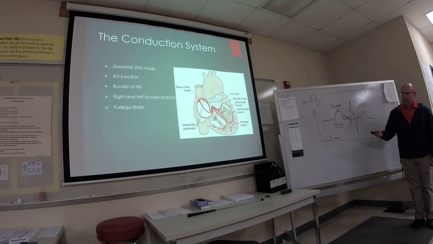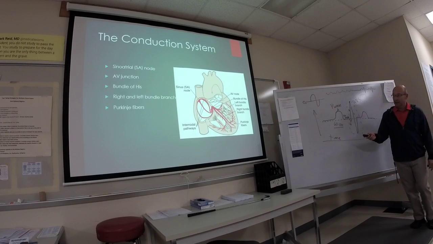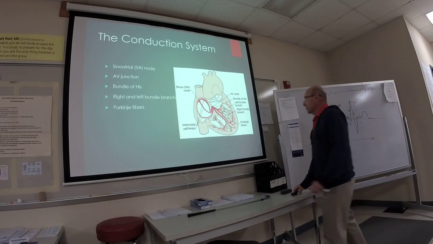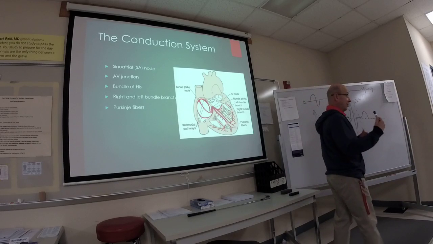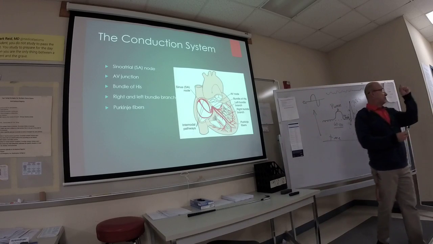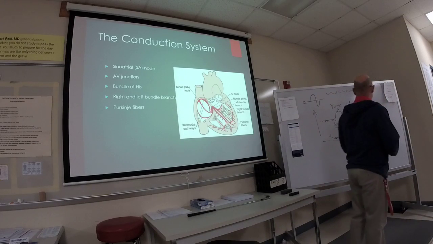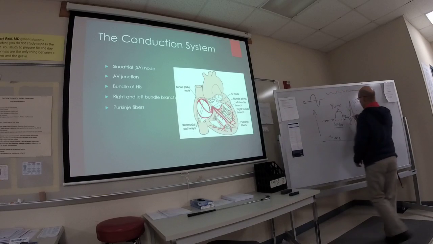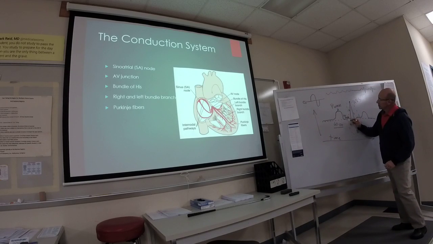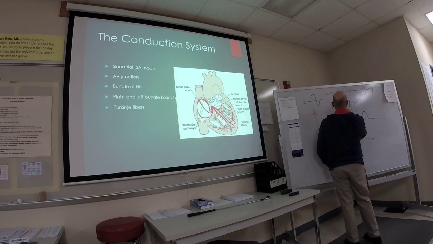So the SA node depolarizes. It goes down another internodal pathway, just an electrical pathway, to the AV node, the atrioventricular node. It's called the atrioventricular node because it sits between the atria and the ventricles. On the EKG, the AV node is this part right here, what we would consider the PR interval, because of time.